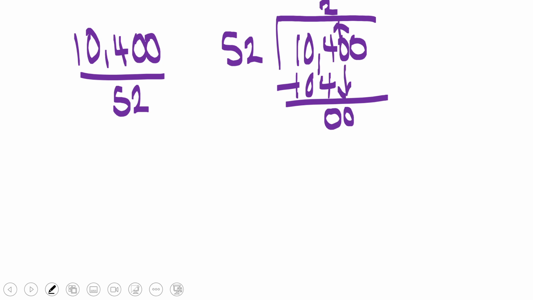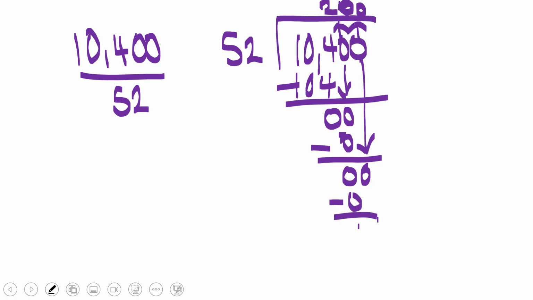We have 2 places sitting out here, so we're going to use them. 52 fits into 0, 0 times. 0 times 52 is 0. Still a bring down, work above for our last place value. 52 fits into 0, 0 times. 0 times 52 is 0. And we have our whole equals 200.